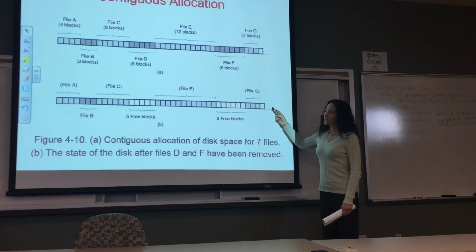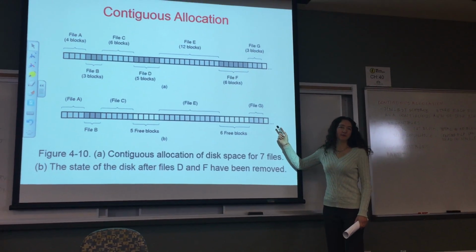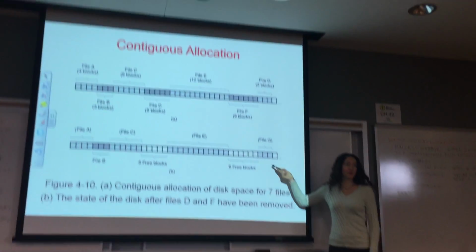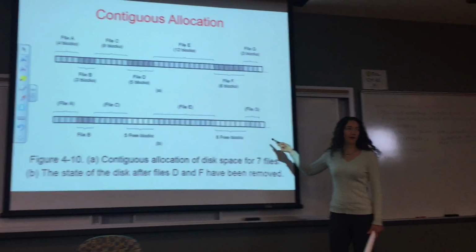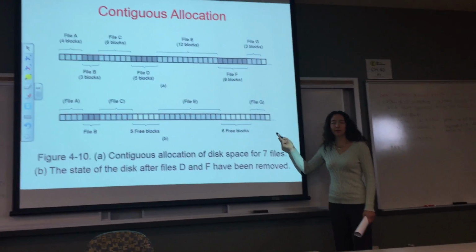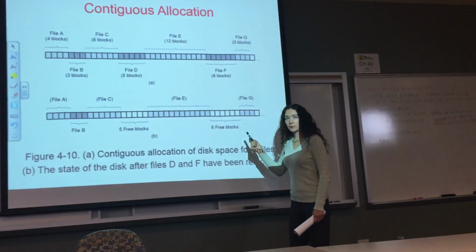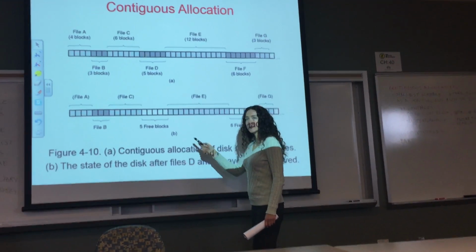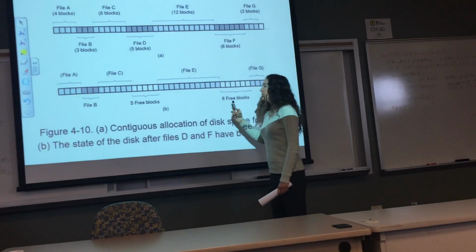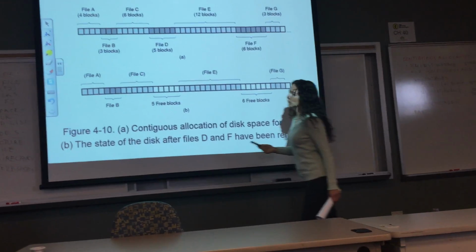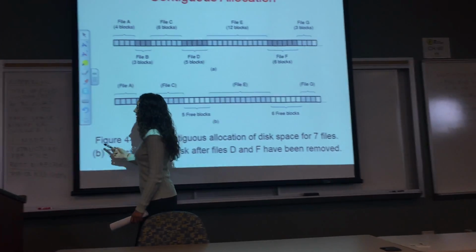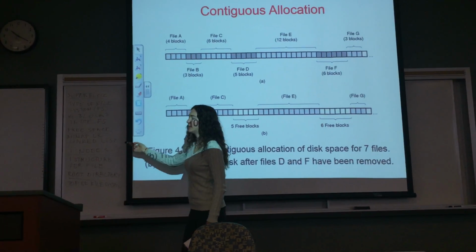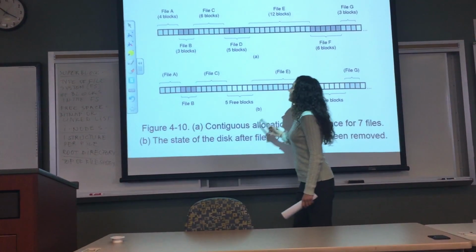So the same situation happens with RAM, happens on the disk where we store the files. So if we're using this method, we're keeping track of holes, free space, and used blocks by using either the bitmap or the linked list that we have seen already in the memory management.